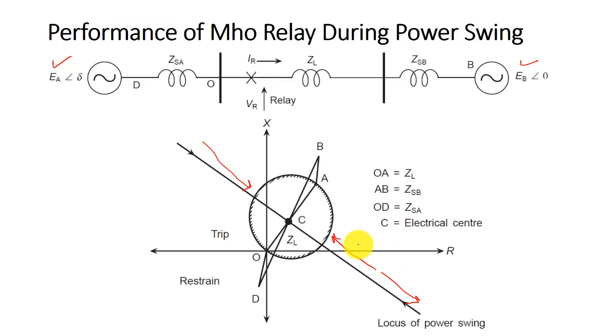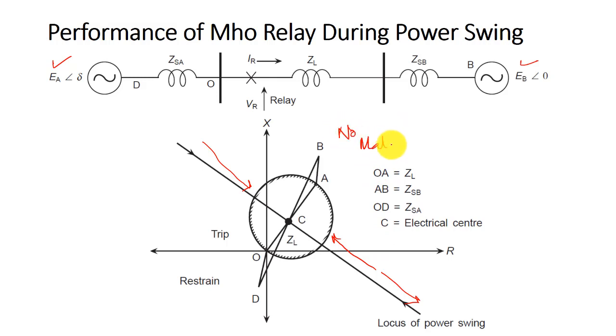When the power swing is very severe and it becomes critical, it goes inside the trip characteristic of the Mho relay. If it is not, then it remains outside, therefore there is no chance of maloperation in case of Mho relay.